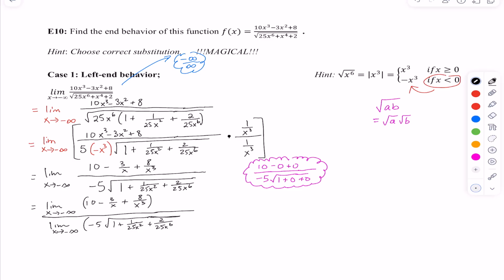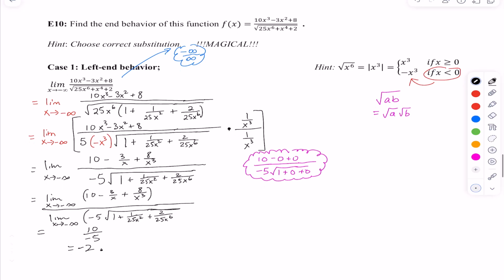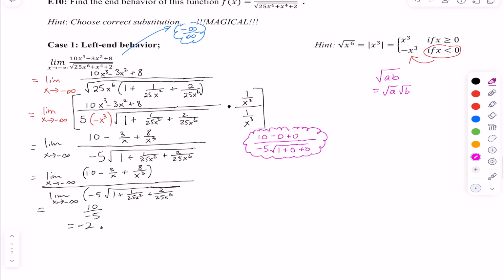And there you go. This limit is going to be 10 over negative 5, which will yield negative 2. We can make a very important conclusion. Therefore, a horizontal asymptote is y equals negative 2.